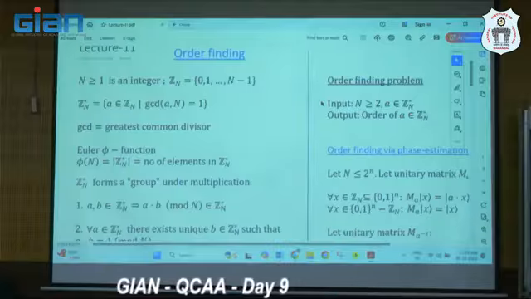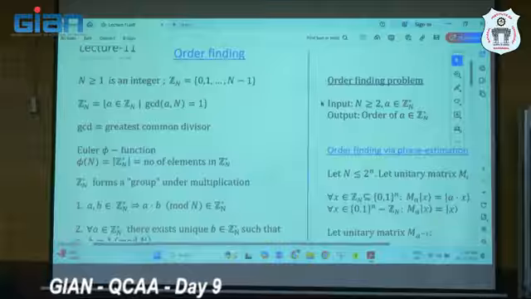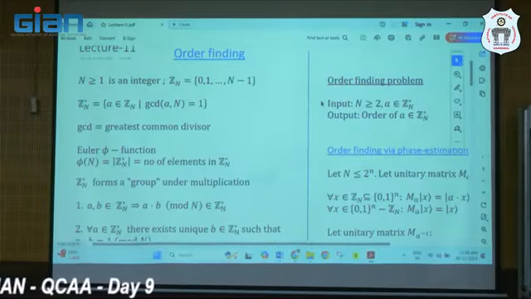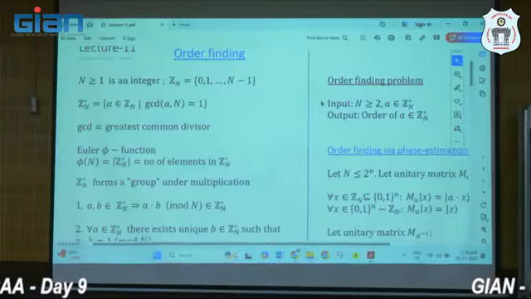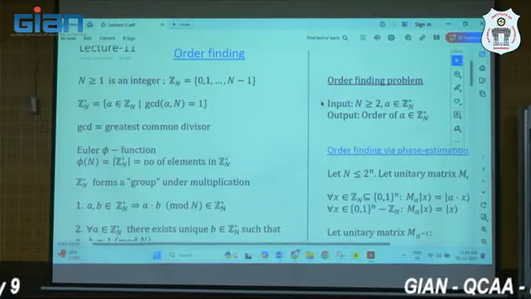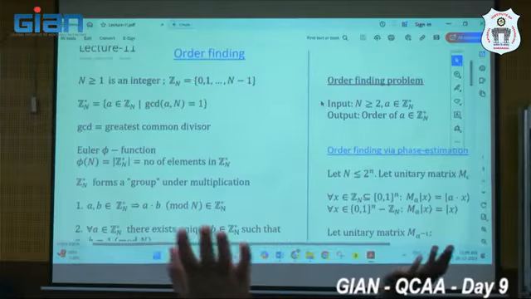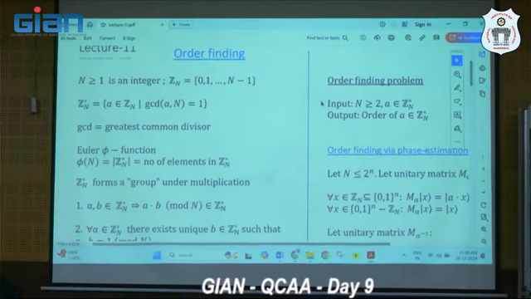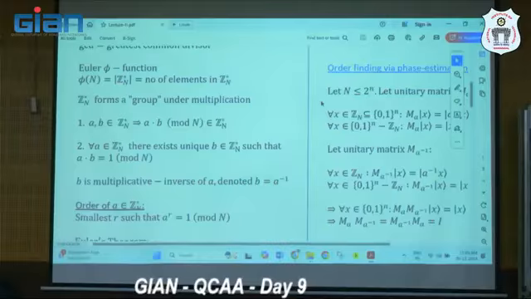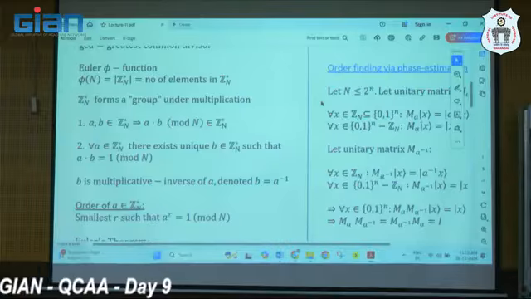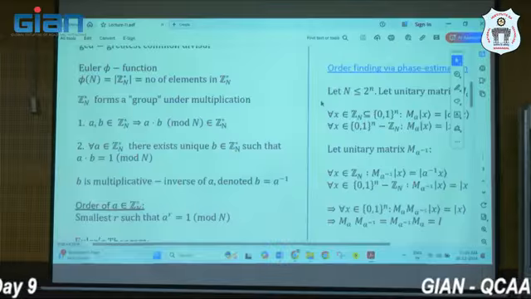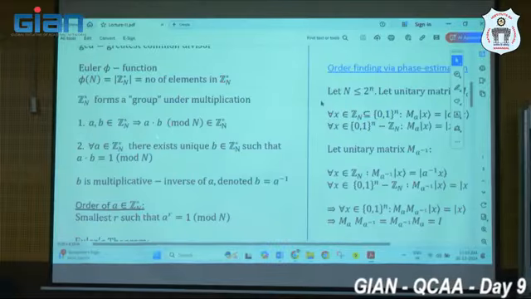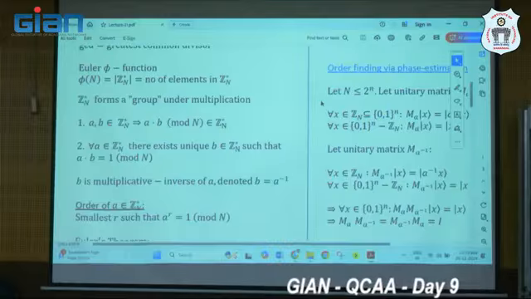Another thing, this Z star n forms a group under multiplication. Okay, group. You know what is a group? Please raise a hand who know what is a group. Fantastic. So what we have to have is, if A and B are in Z star n, then A times B, now remember, we will always go mod n, A times B mod n is in Z star n.